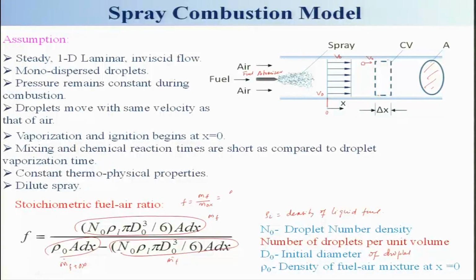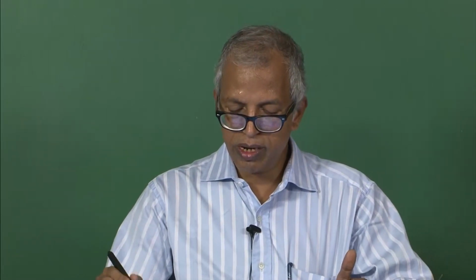So, I can write MF is equal to M of air plus oxidizer minus MF, right. It can be simplified very easily, but it has been done in such a way that if there is a distribution you can integrate. If there is a variation along the cross sectional area, you can integrate also, but we will be looking at that.